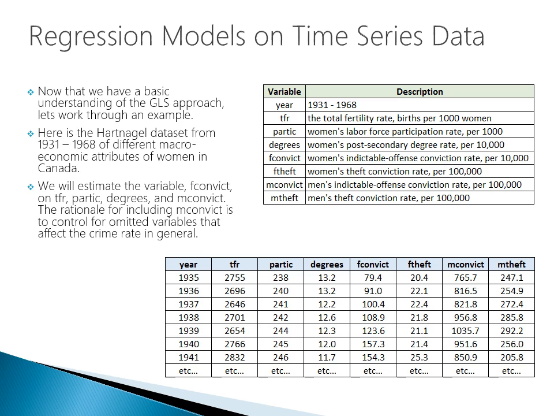What we're trying to do is estimate the variable f convict on tfr, partic, degrees, and m convict. The rationale for including the m convict variable is to control for omitted variables that affect the crime rate in general. So let's go ahead and begin.